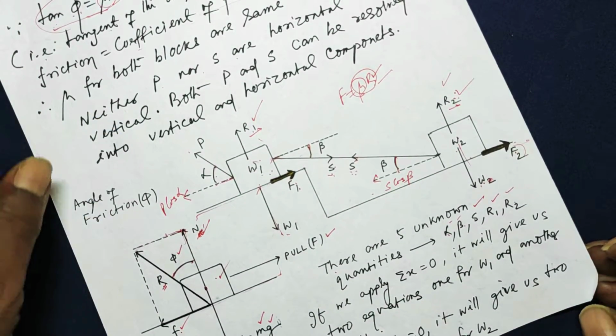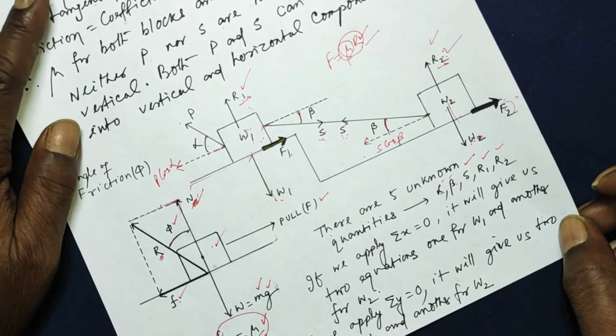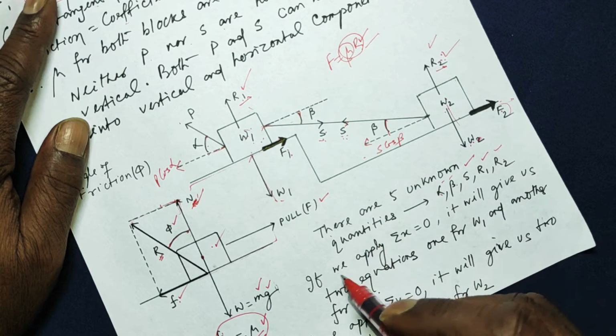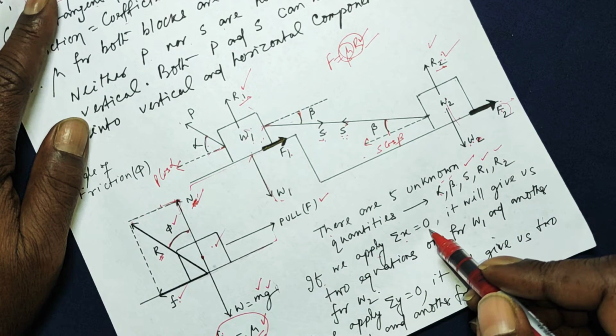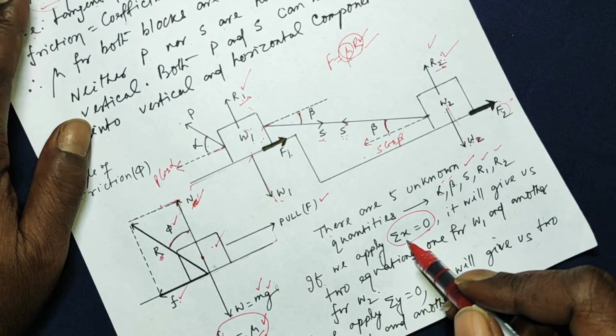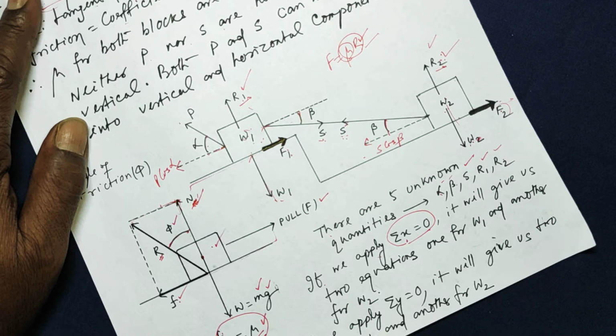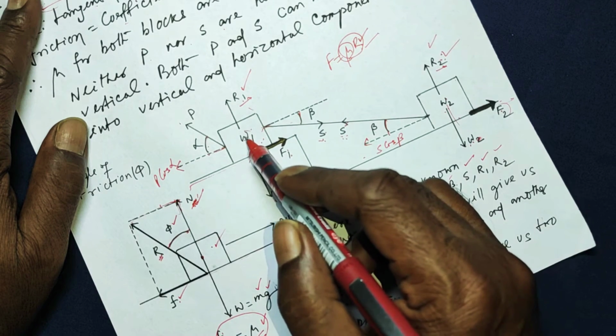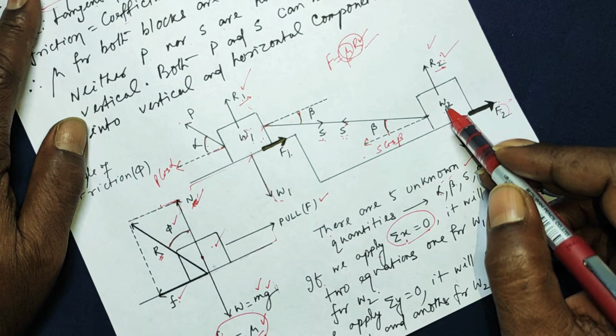Now, as you have seen before in previous videos, if you apply sigma x is equal to 0, meaning the sum of the forces along the x-axis is 0 for this block, it will give us one equation here and one equation here.